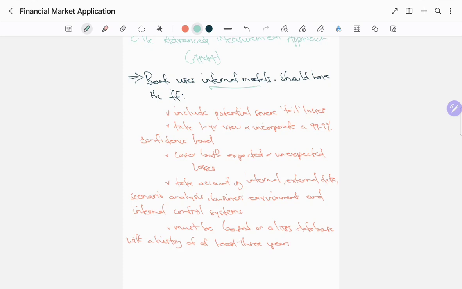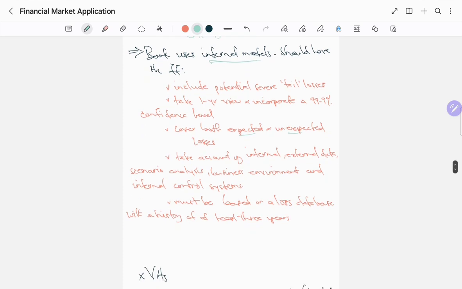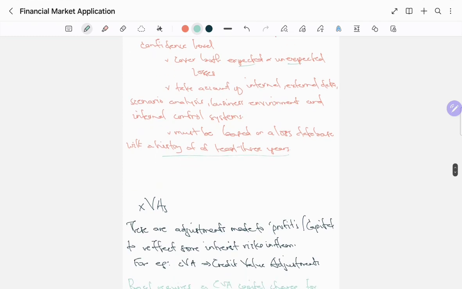It should take a 1-year view and incorporate a 99.9% confidence level. It should cover both expected and unexpected losses. It should take account of internal and external data, scenario analysis, etc. It should also be based on a loss database with history of at least 3 years.